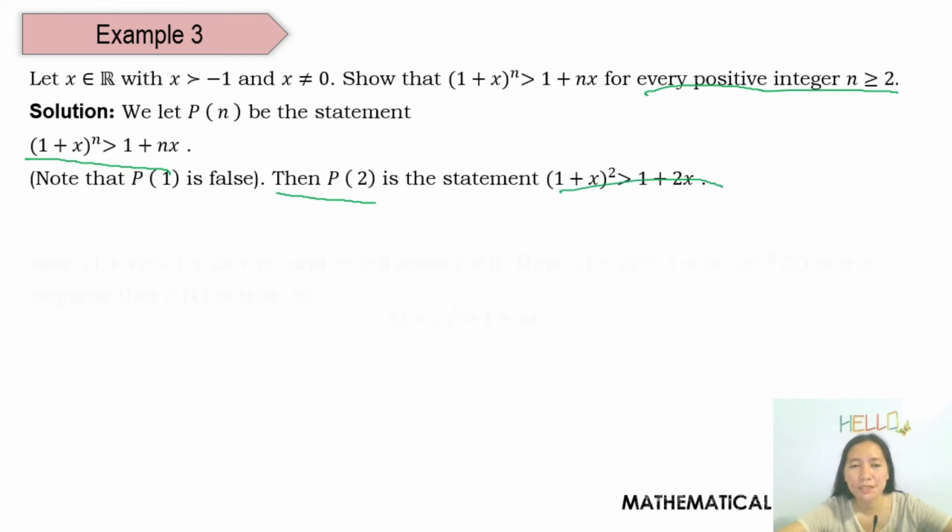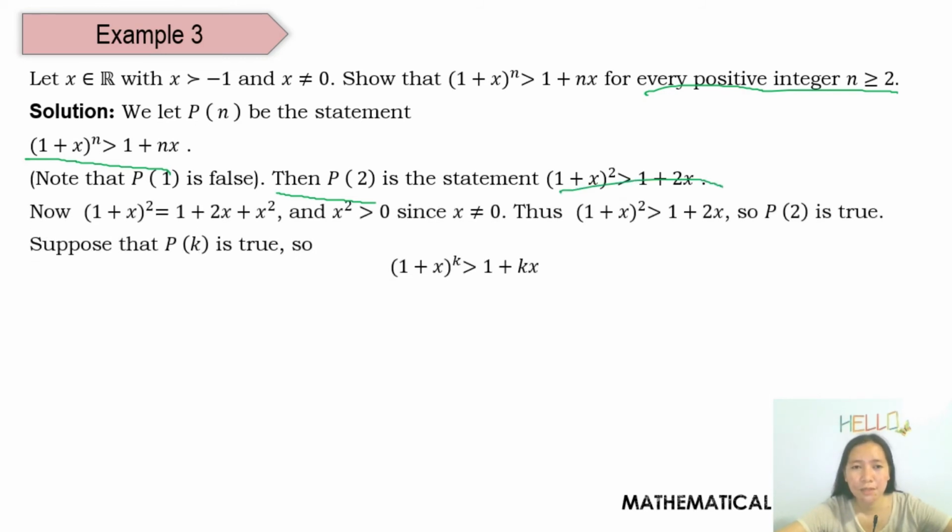Note that 1 plus x raised to 2 is equal to 1 plus 2x plus x squared. If we expand, x squared is greater than 0 since x is not equal to 0. Thus, 1 plus x squared is greater than 1 plus 2x. So P of 2 is true.